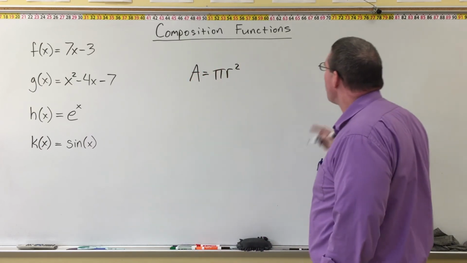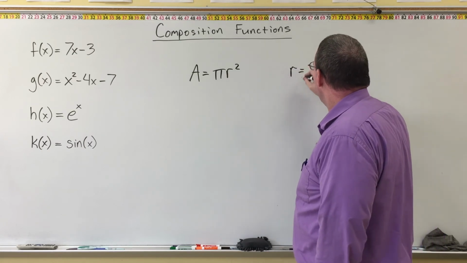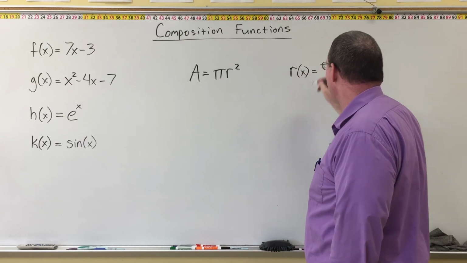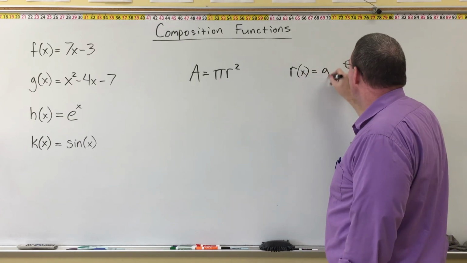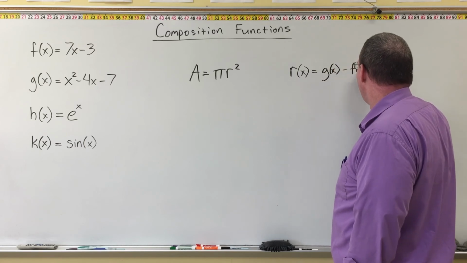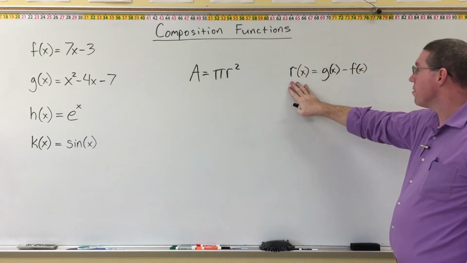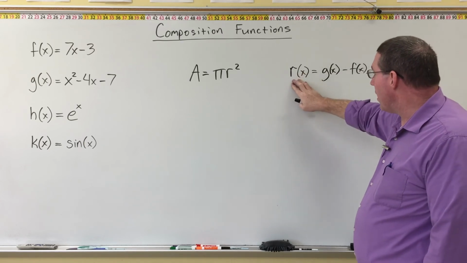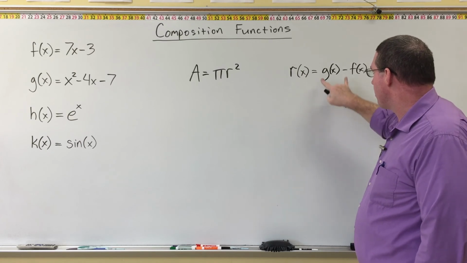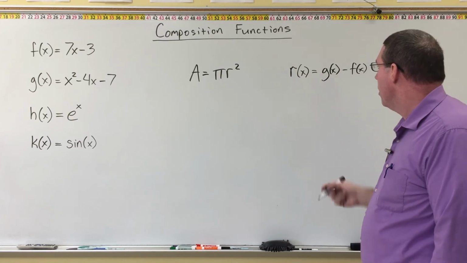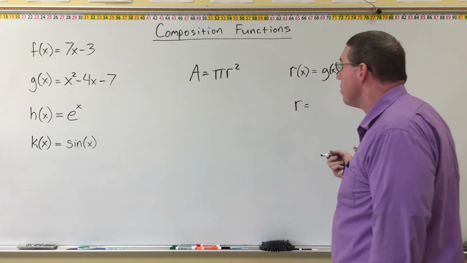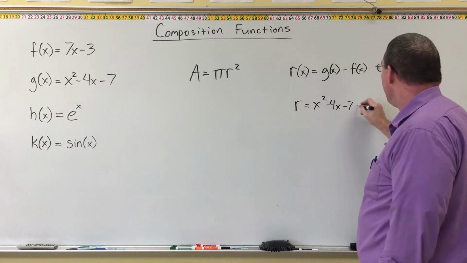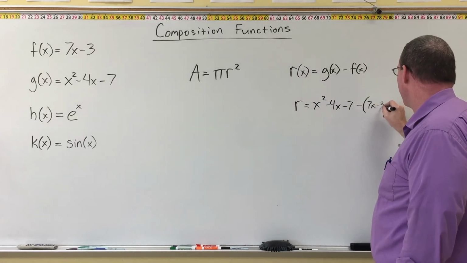But then let's say that the radius of the circle is a function of x. Let's say that r is a function of x, and it's equal to g of x minus f of x. So the radius is now related to the variable x, and the way that it's related is the function g of x minus f of x. Well, now the radius is going to be x squared minus 4x minus 7 minus (7x minus 3).